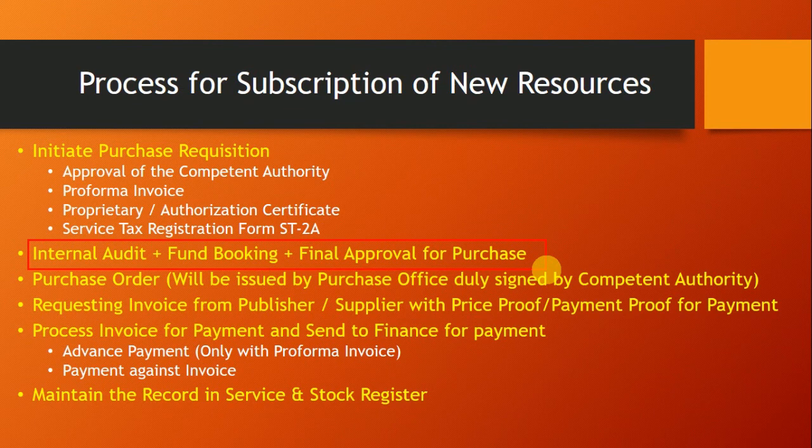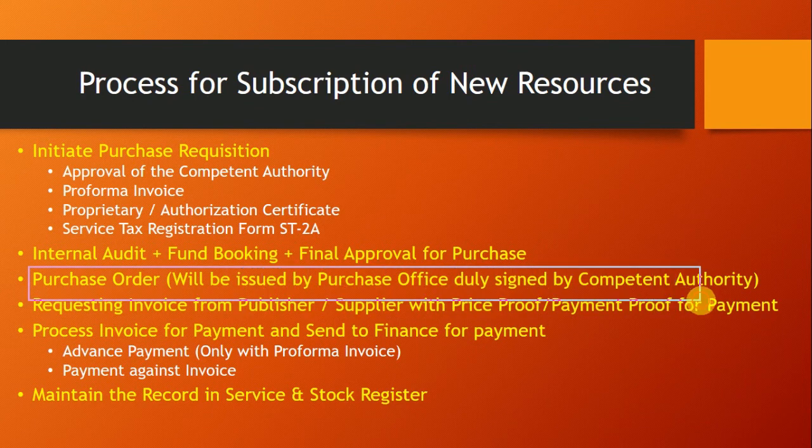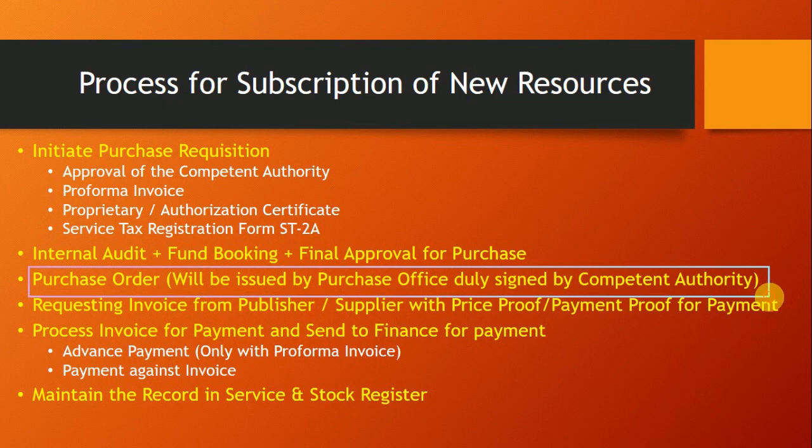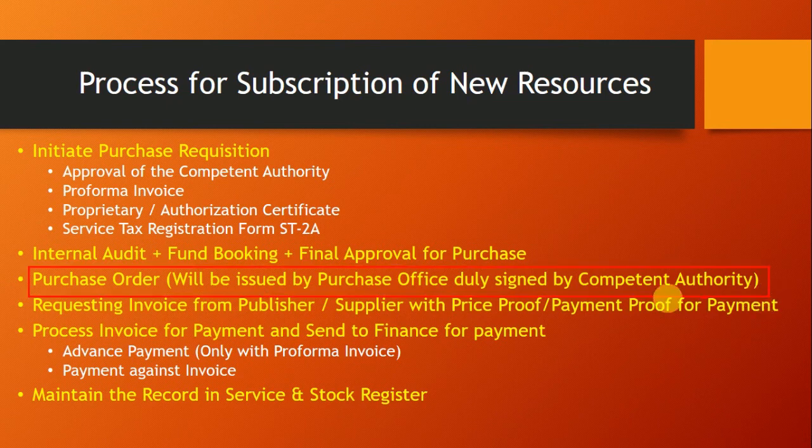Once it is done, the next step is the purchase order, generated by the competent authority, by the purchase office. Here also the case may be different in other organizations or institutes.